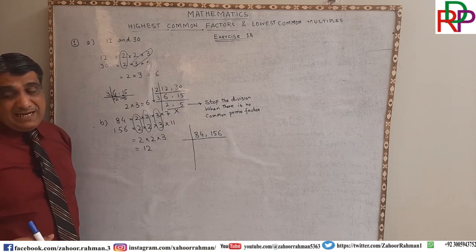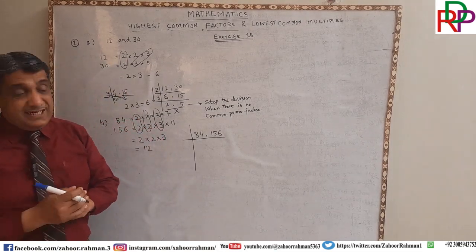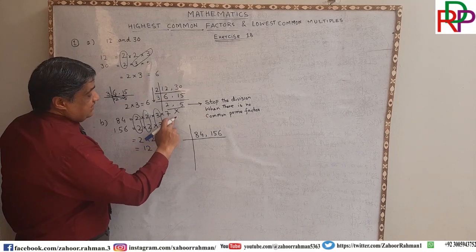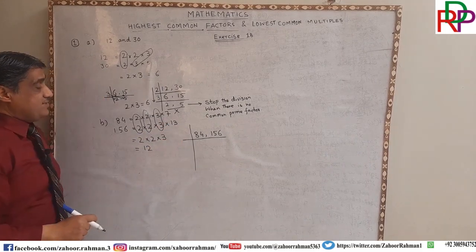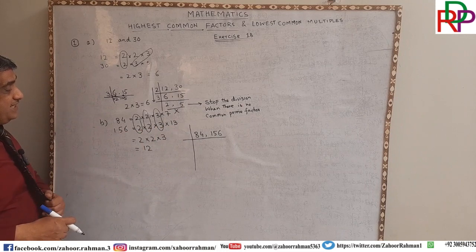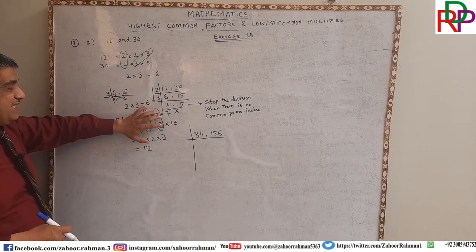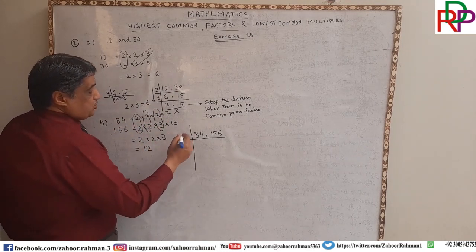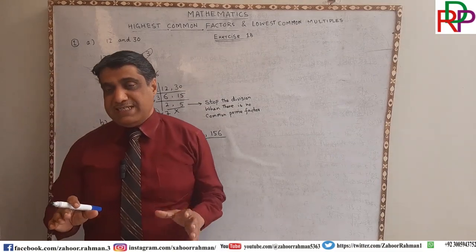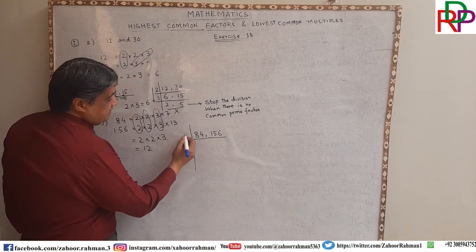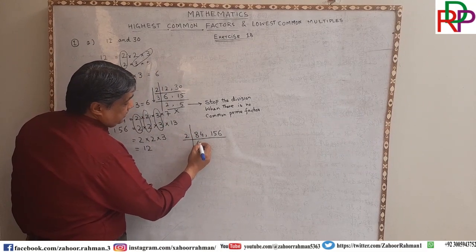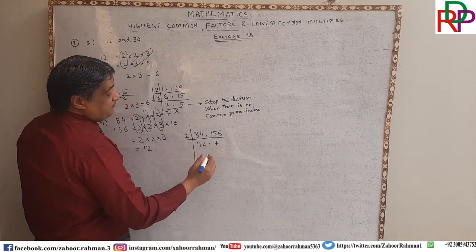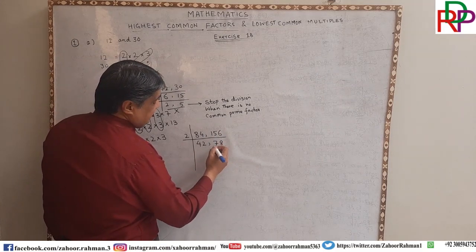Remember, we are only concerned with the common factors, so here you have to find only the prime numbers. 2 is a prime number. 2 fours are 8, 2 sevens are 14, and 2 eights are 16.